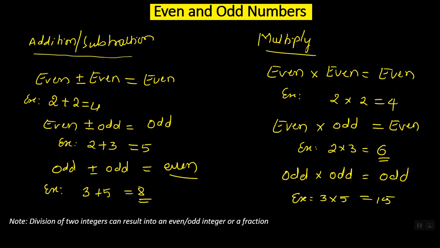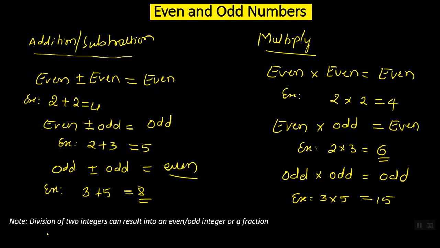If you are not able to memorize these rules or want to revise, whenever they ask about multiplication of odd numbers, even numbers, or even and odd, just take small and simple even and odd numbers and do the operation, like multiplication or whatever they are asking. Okay, so these are the basic things we need to know.